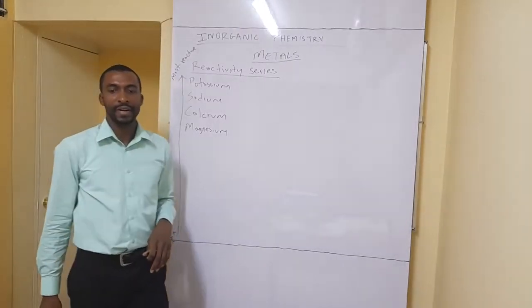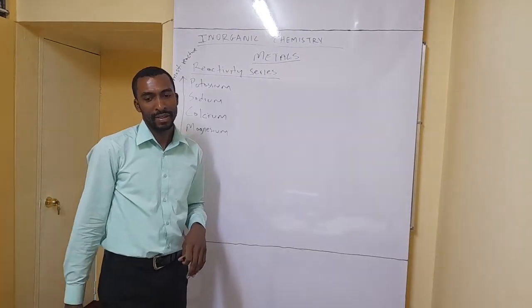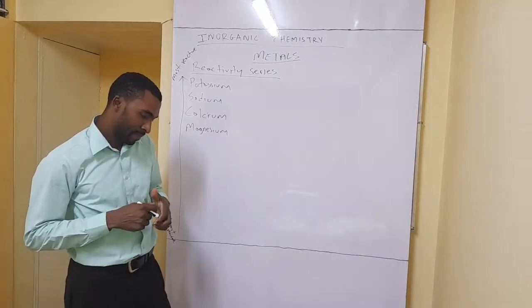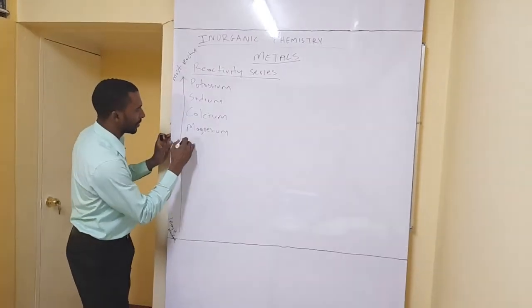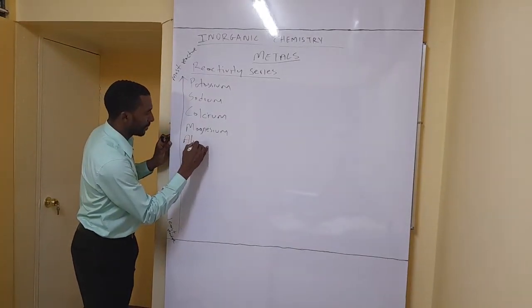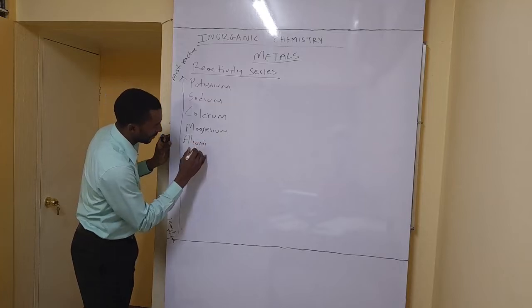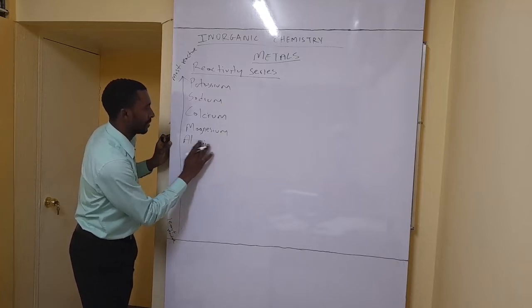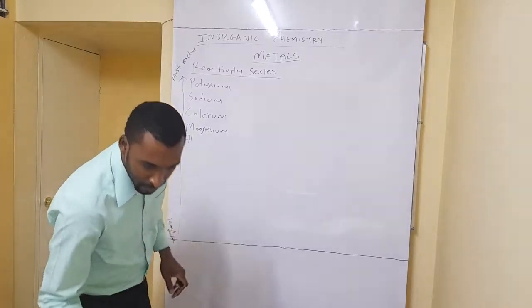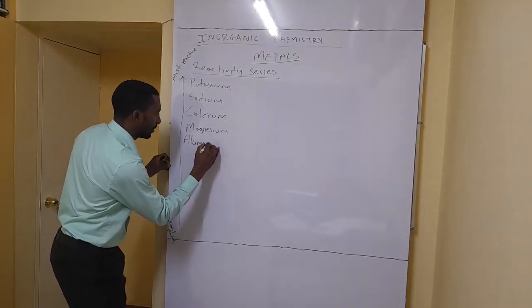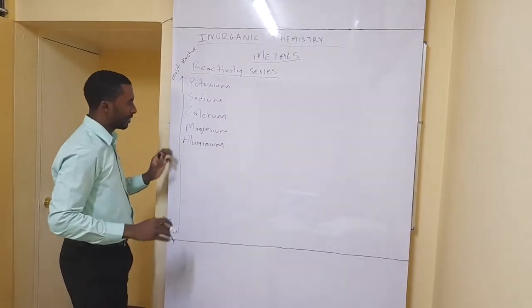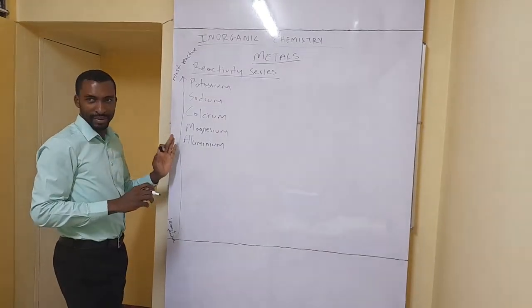All following thus far? Yes, sir. Good. So these are 2 group 1 metals, we have 2 group 2 metals, then we're going to look at aluminum, so it is next in line in terms of reactivity.